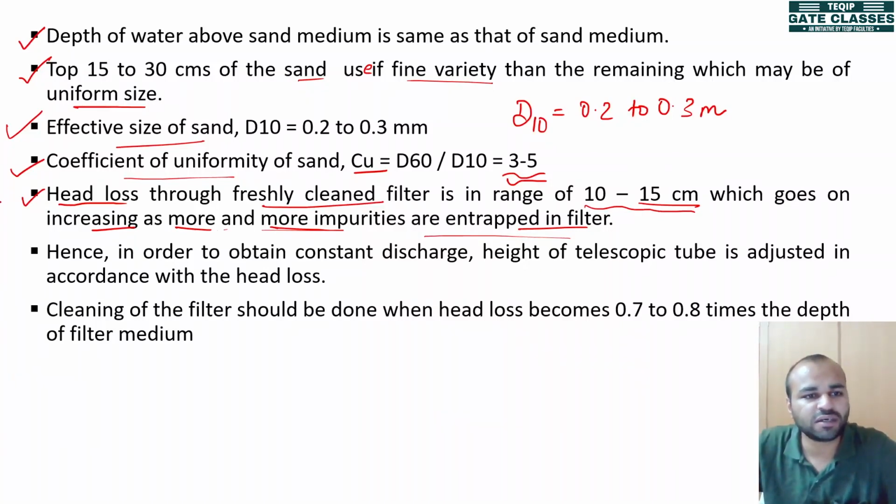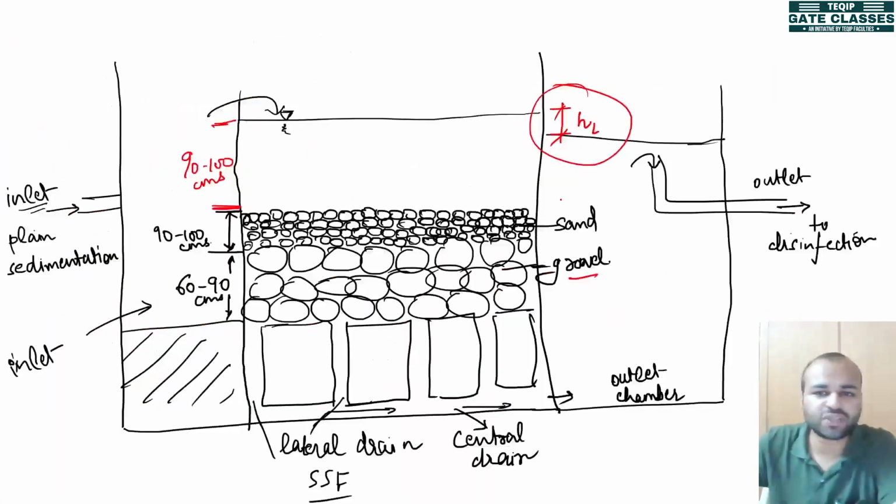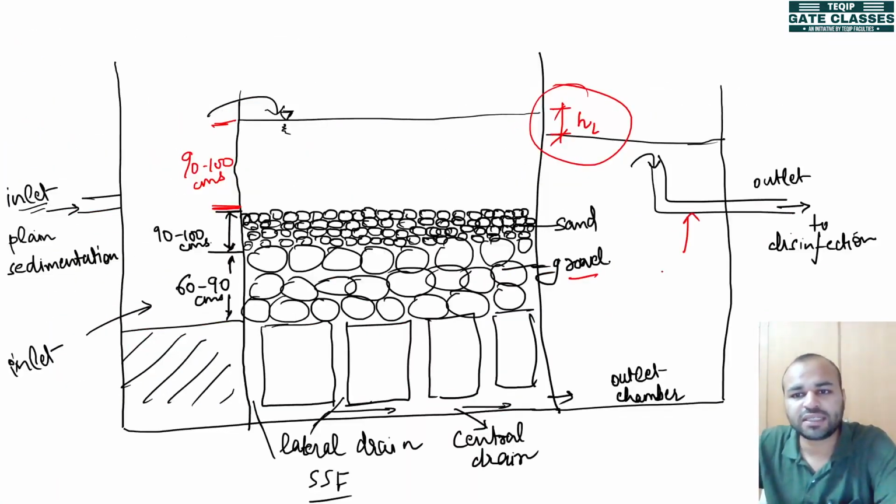Hence, in order to obtain a constant discharge, the height of this telescopic tube is adjusted in accordance with the head loss. Which telescopic tube are we talking about? This telescopic tube. Why are we providing it? We can take the water directly from the central drain.